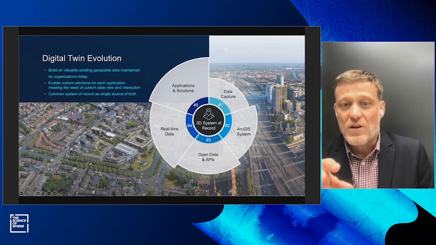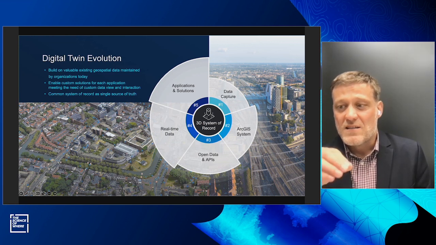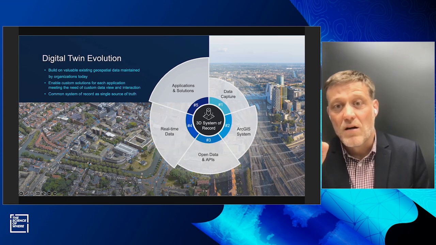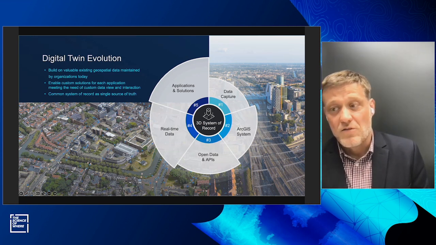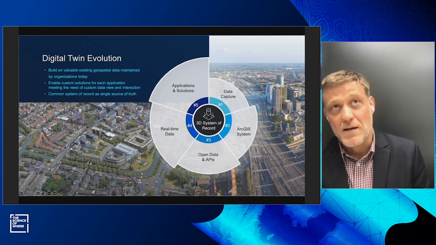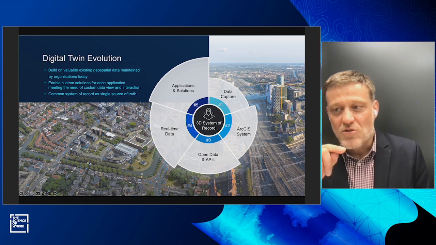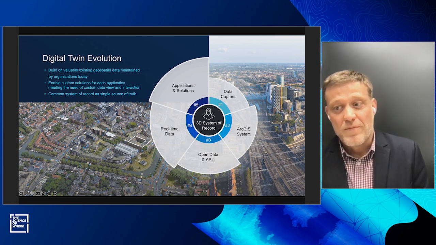And till then, it's only a representation of what we see outside. Now we can bring in real-time data. This is facilitated by IoT sensors and indoor positioning systems, which can be displayed in real time, or at least near real time. And then finally, we have those applications and solutions. And they follow a certain purpose, as I just mentioned, to solve a certain problem.